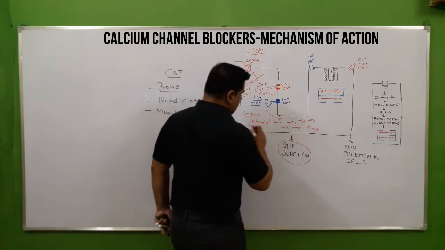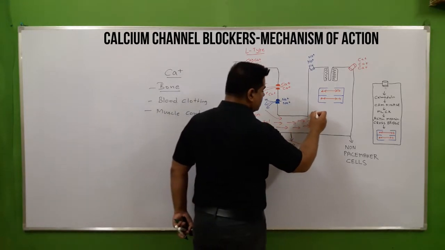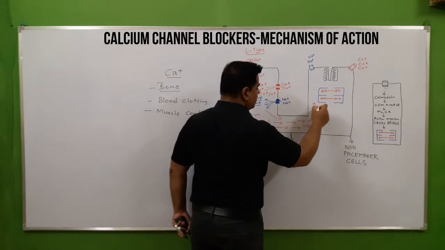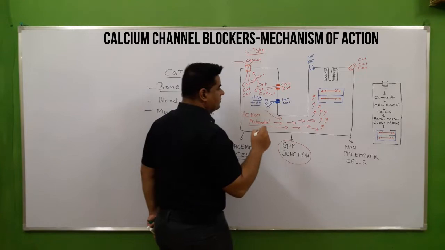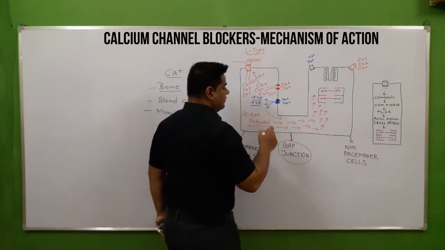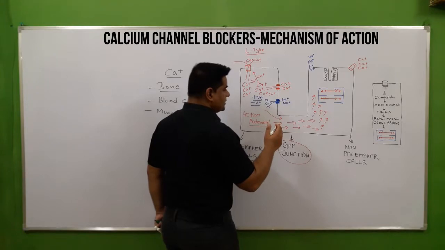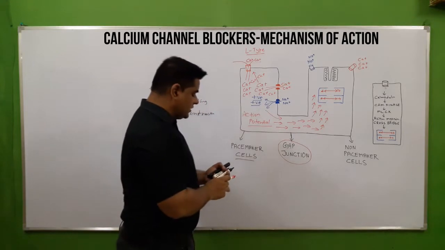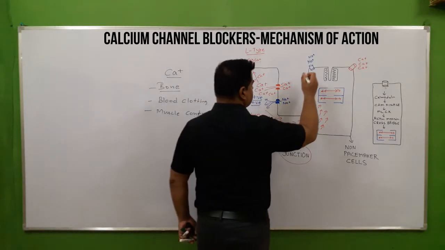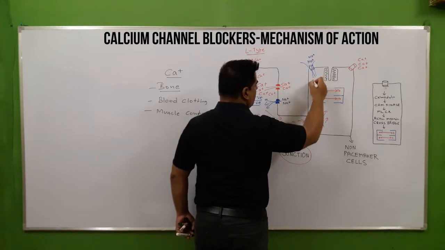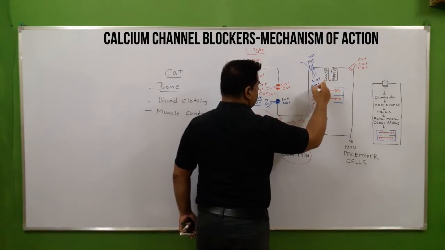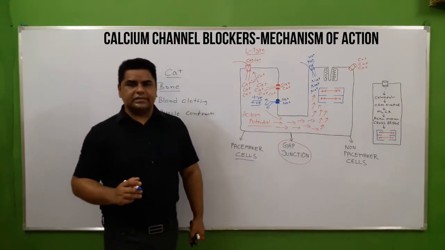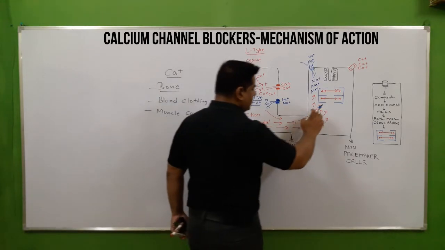So as this action potential is shifted towards the non-pacemaker cells of the myocardium, the myocardial muscles, it becomes more and more electropositive, which opens the voltage sensitive sodium channels. Actually I am using the word funny, but they are not funny, they are just sodium channels, and there is inflow of sodium ions inside the non-pacemaker cells, which further increases the positivity.